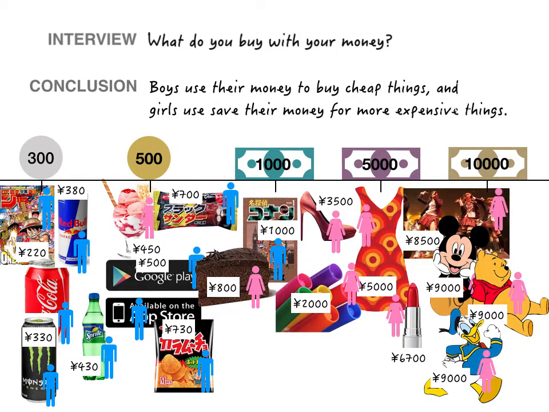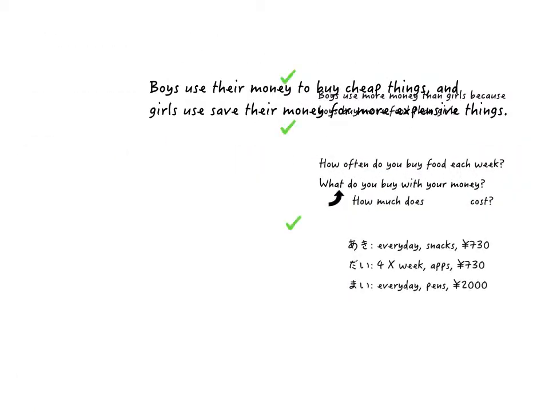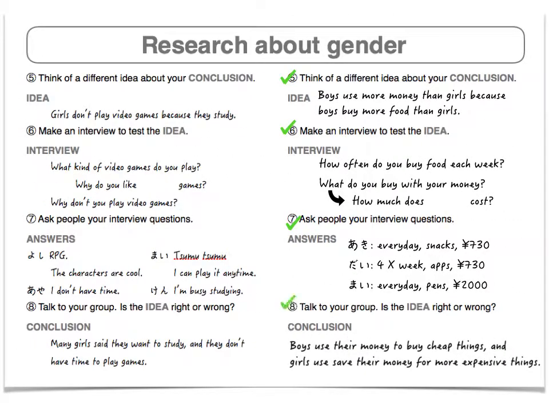Boys use their money to buy cheap things, and girls save their money to buy expensive things. This is our conclusion. Your conclusion is the last part of your research. After you finish it, you will be ready to start making your presentation.